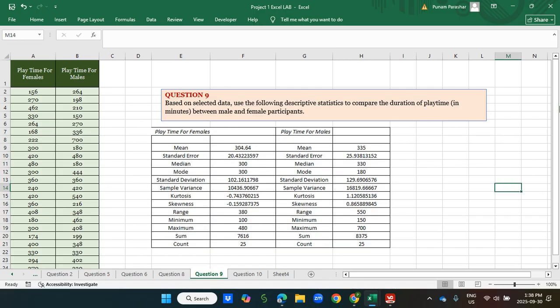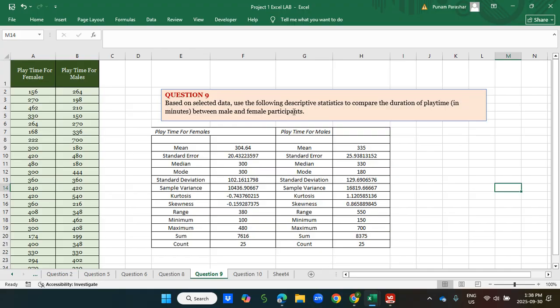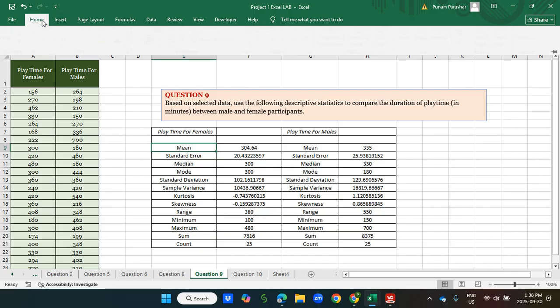Now if you see here, this data is about the duration of playtime of female and male. So we are checking the playtime for male and female and trying to compare it. Mean means average, and you can highlight whatever you need.